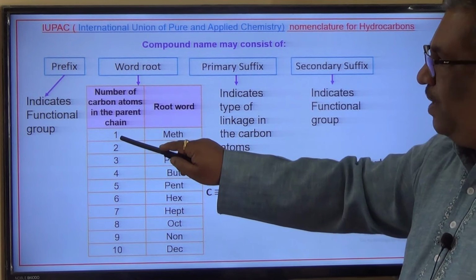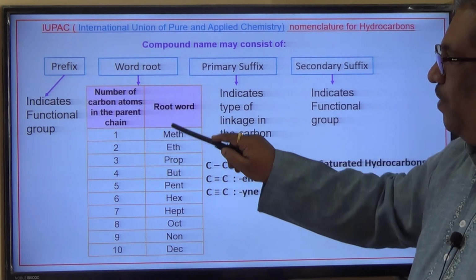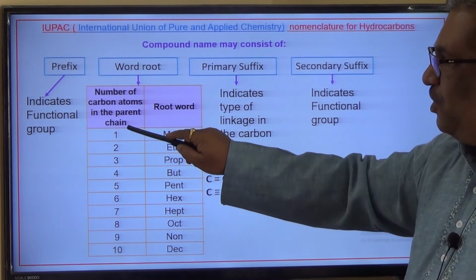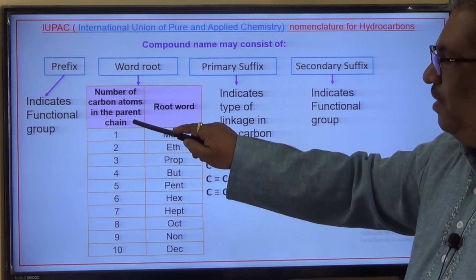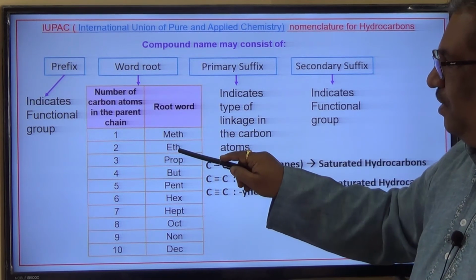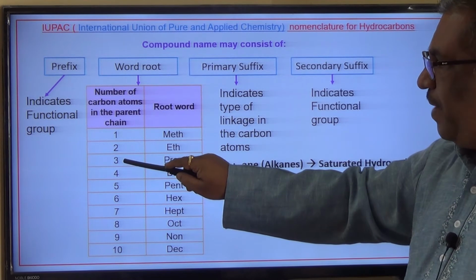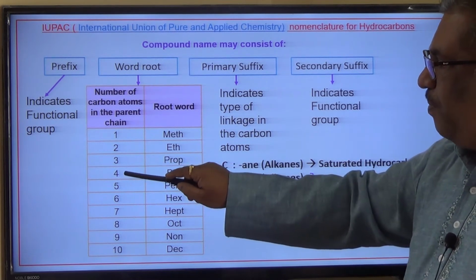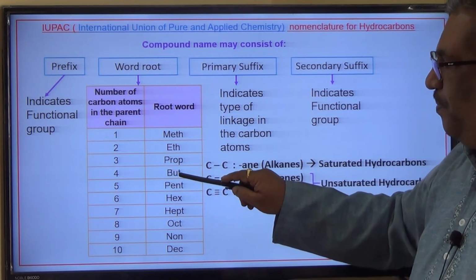If the carbon compound contains only one carbon atom, then the root word is meth, M-E-T-H. If the parent chain has two carbon atoms, then eth is the root word. If the compound contains 3 carbon atoms in a parent chain, prop is the root word. If the parent chain has 4 carbon atoms, then it is but.